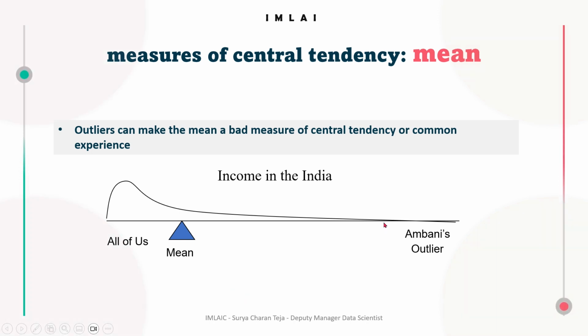Whereas the Ambanis hold the maximum wealth, the maximum income, and they are the outliers for us. But the mean is here. So outliers can make the mean a bad measure of central tendency. So that's the reason. This is the negative point, or pain point, of mean.